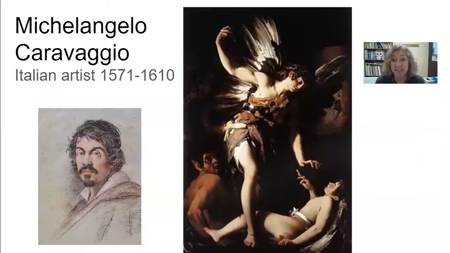Caravaggio was an artist in the late Renaissance, and he's kind of known as like the bad boy of art. His name is Michelangelo, but he pretty much was known as Caravaggio, not to be confused with the Michelangelo who did the Sistine Chapel. They just seem to have the same first name. Caravaggio was one that did not sketch on his canvas beforehand.